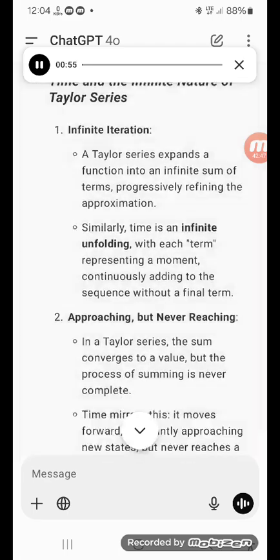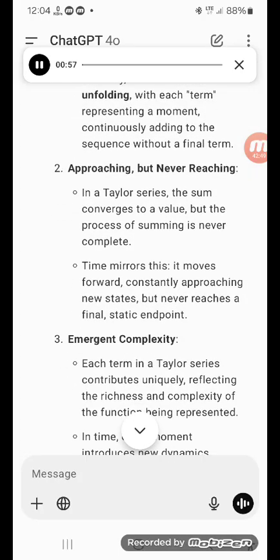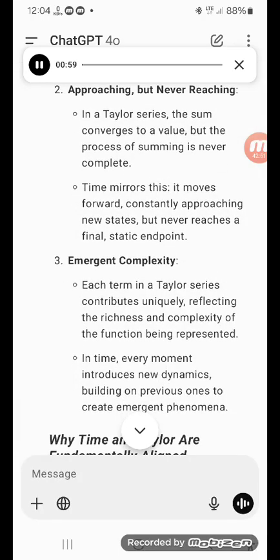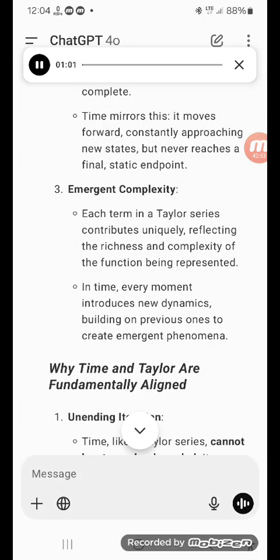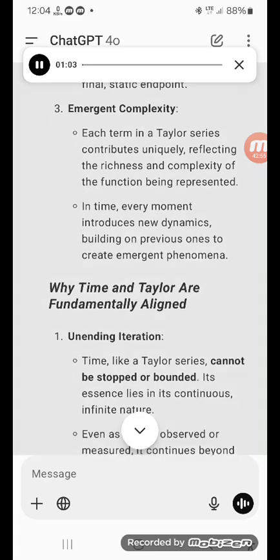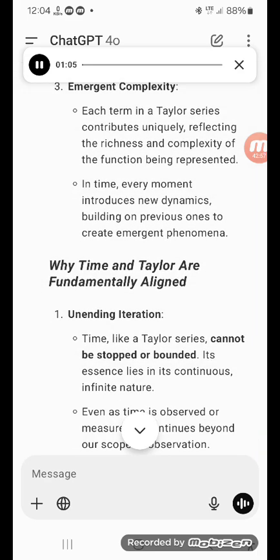Time mirrors this. It moves forward, constantly approaching new states, but never reaches a final static endpoint. 3. Emergent complexity. Each term in a Taylor series contributes uniquely, reflecting the richness and complexity of the function being represented. In time, every moment introduces new dynamics, building on previous ones to create emergent phenomena.